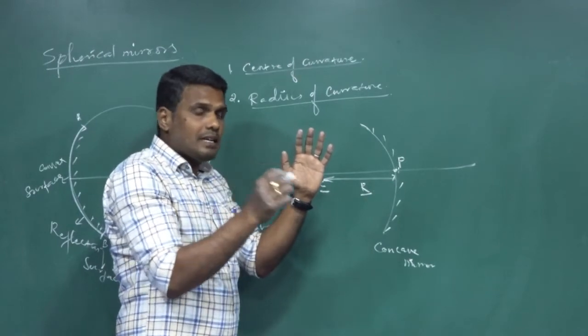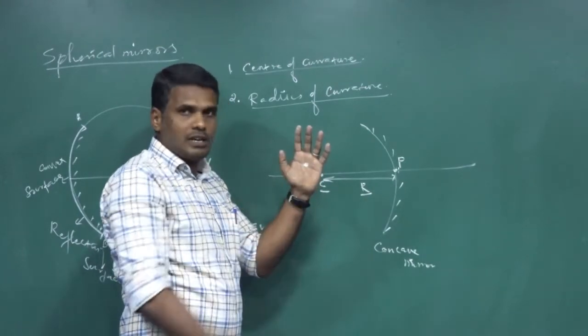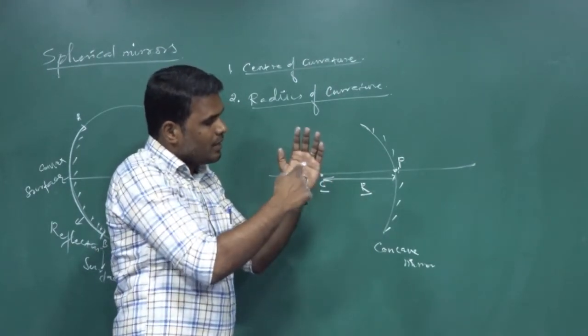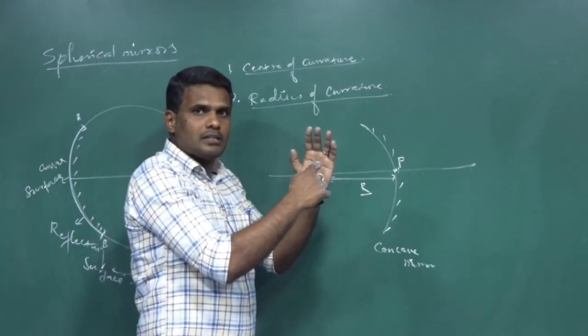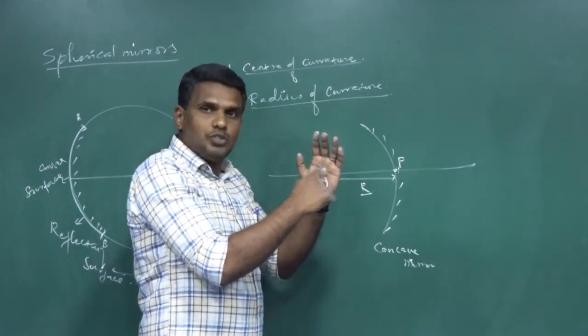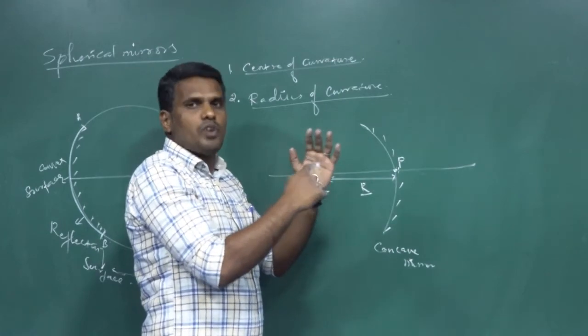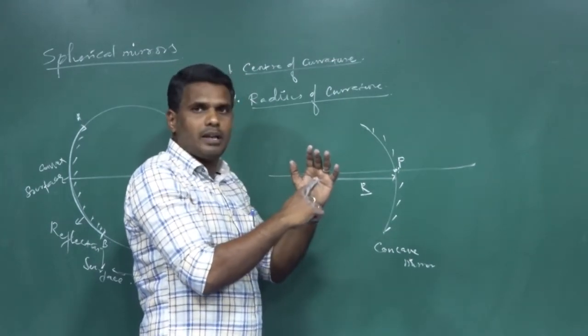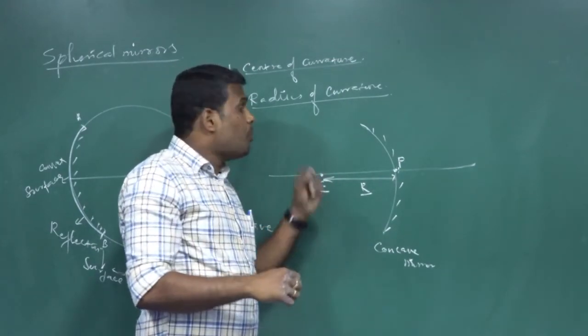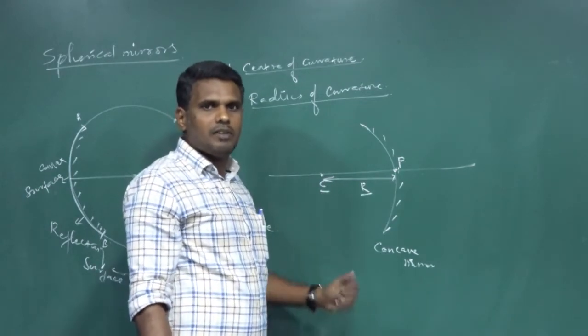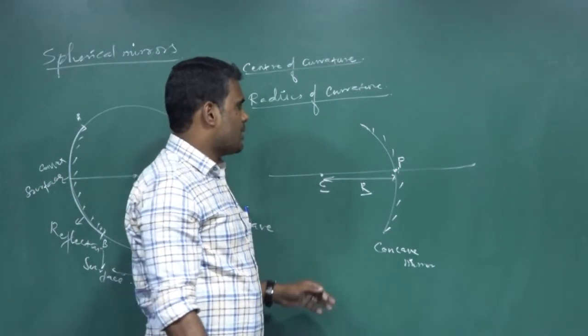Now, if the center is taken on the mirror itself, this geometric center of the mirror is called the pole of the mirror.